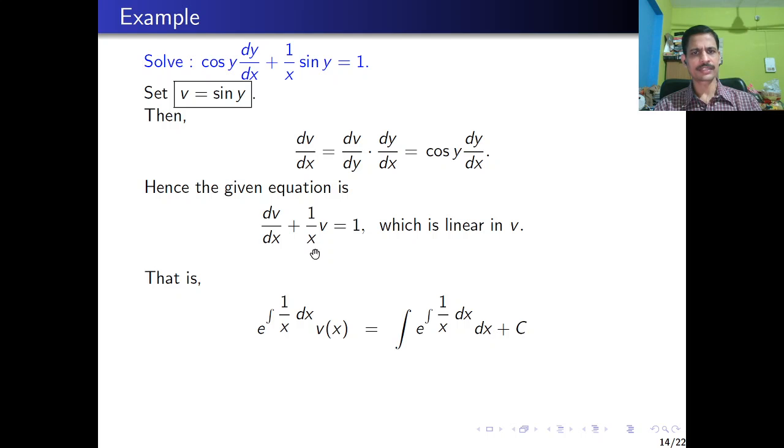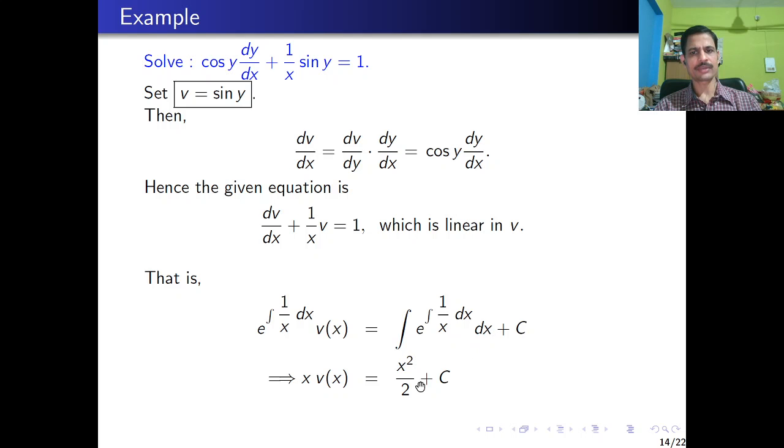So here p(x) is 1 by x, so the solution will be given by e raised to integration 1 by x dx times v(x) is equal to integration of integrating factor e raised to integration 1 by x dx times q(x), which is 1 dx plus c. So you see this 1 by x integration is ln x, or rather ln mod x, but e raised to ln mod x will give you x, and v(x) is equal to, again we get integration of x dx.